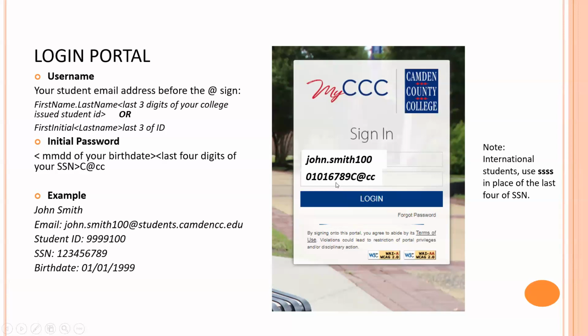So for John Smith, it would be 6789, followed by a capital C, an @ sign, and 2 lowercase c's. So that's a little bit complicated maybe, but you only have to use this password when you're first getting logged in, and then you'll be prompted to choose your own password. Just a quick note, if you are an international student and you don't have a social security number, you can just put 4 lowercase s's in place of the social security number for your initial password.